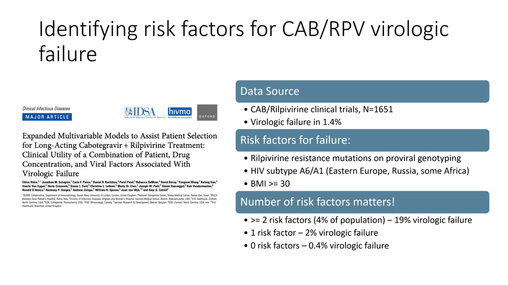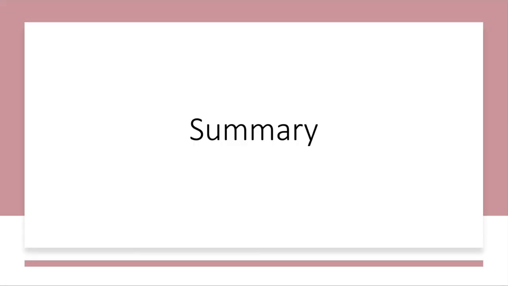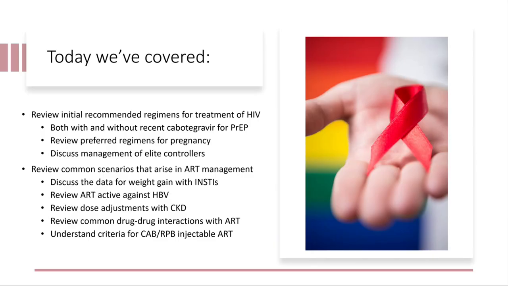If people did have rilpivirine resistance, they were more likely to fail. Shocking. If they had certain HIV subtypes that are less common in the US, they were more likely to fail, and then a BMI above 30. And the bottom bullet point shows the more of those you have, the more likely you were to fail. BMI was a small risk factor compared to those other two. But again, if people have any NNRTI resistance, I think we'd be very hesitant based on some of the data we've seen.